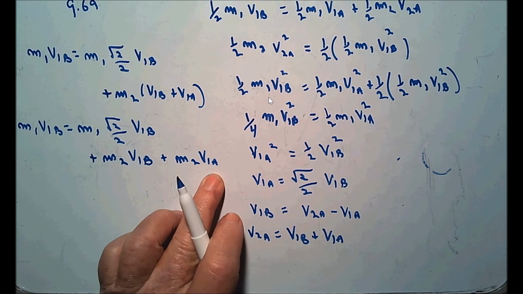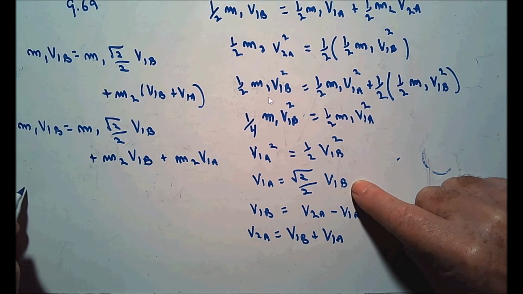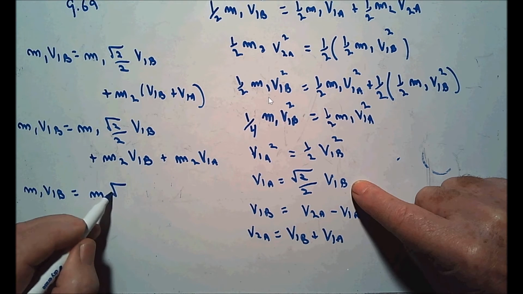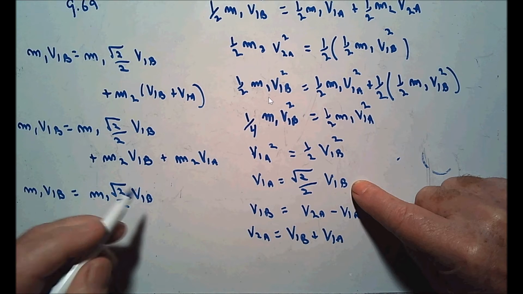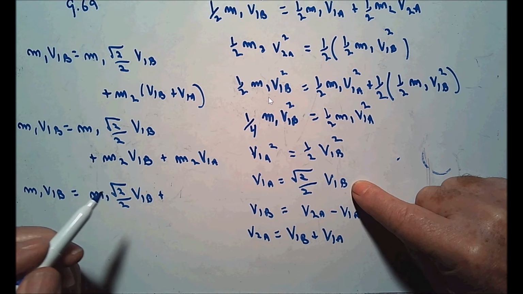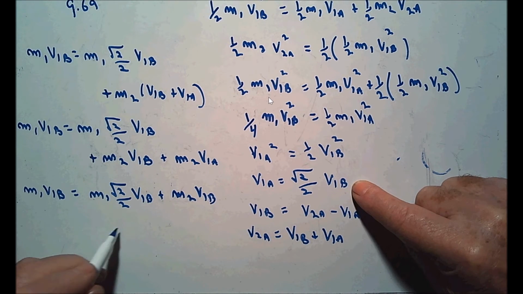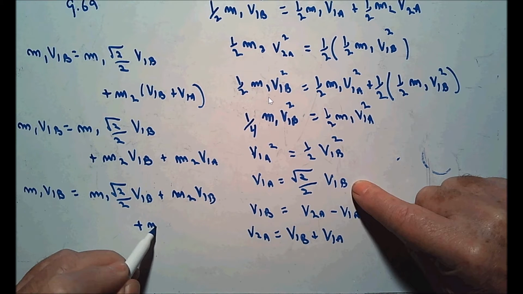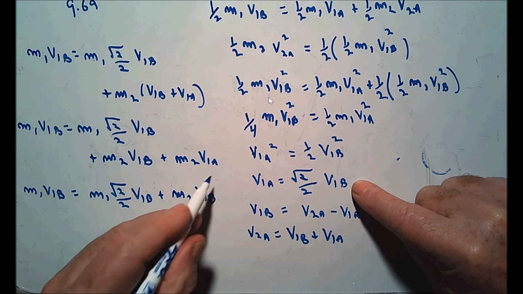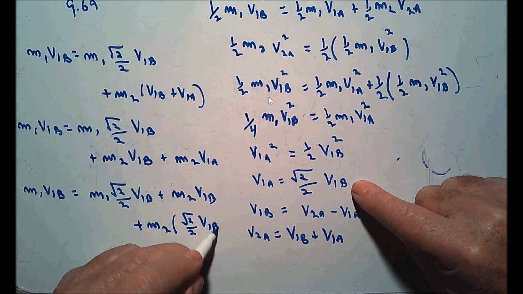And if I just simply plug in the V1 after relationship that I wanted to keep right here, then M1 V1 before equals M1 square root of 2 over 2 V1 before plus M2 V1 before, and then plus this last term, M2 V1 after, that term right there is the square root of 2 over 2 V1 before, like that.